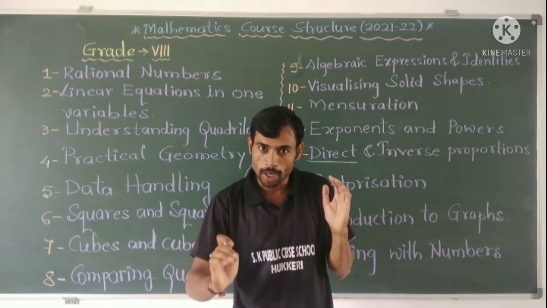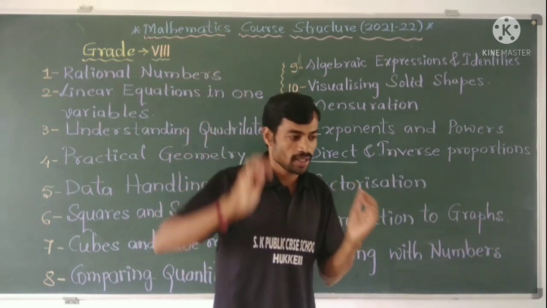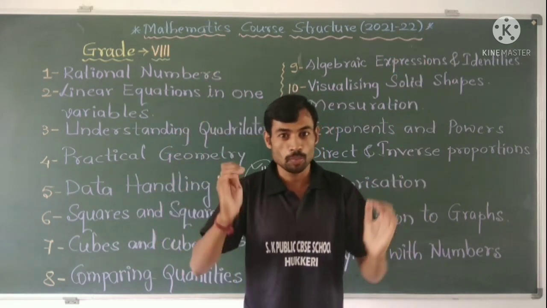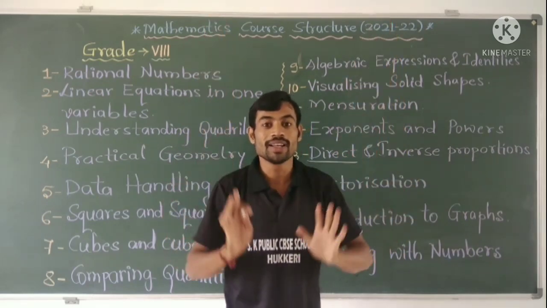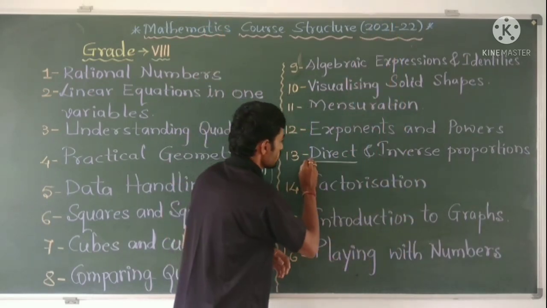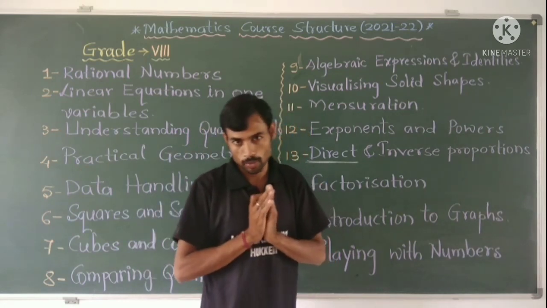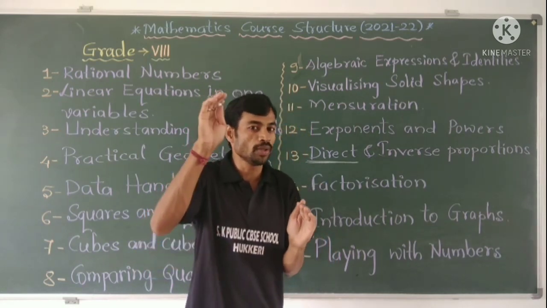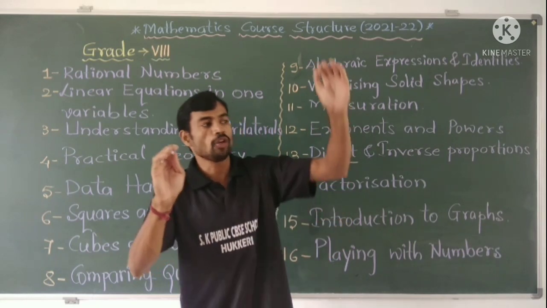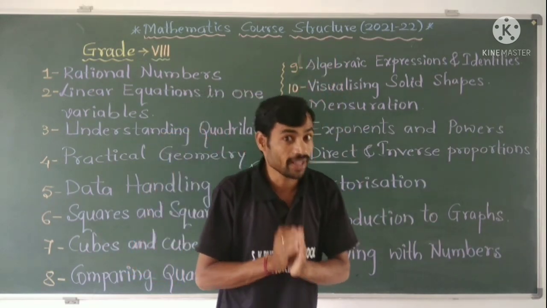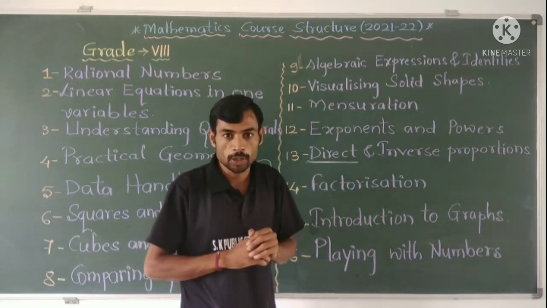It means as the number of pens increases, the amount also increases. Both quantity values are increasing, then we can say direct proportion. If one quantity value increases, automatically the value of another quantity also increases. That is called direct proportion.